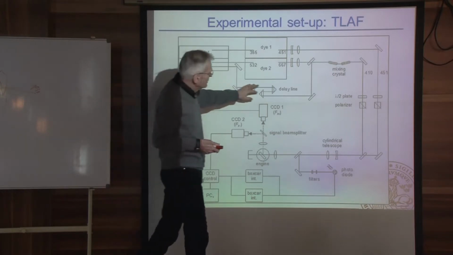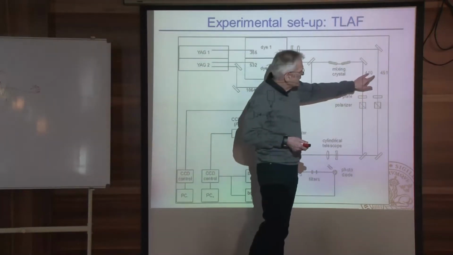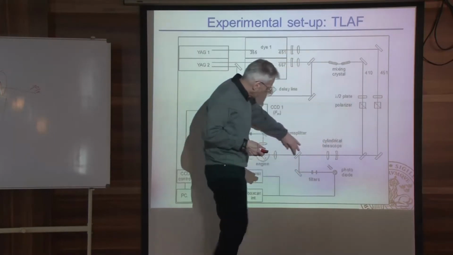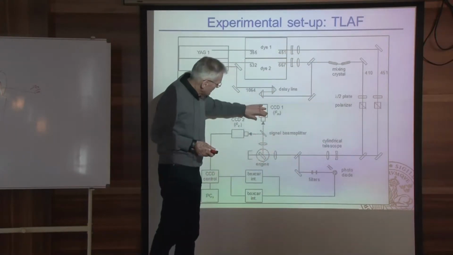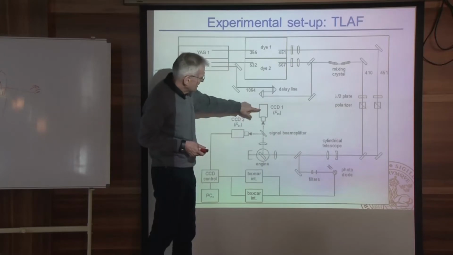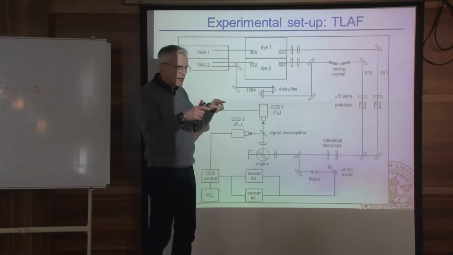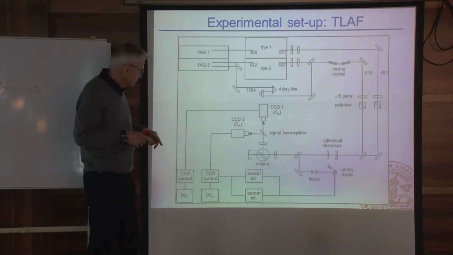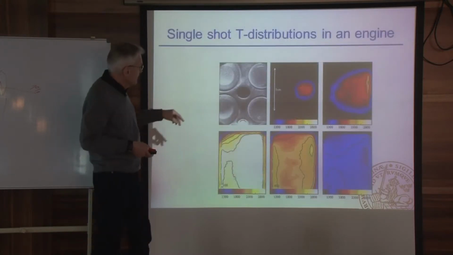We produce two specific wavelengths. They are overlapped, sent into the engine, and then we have two detectors, and then we compare them on a pixel-to-pixel basis.